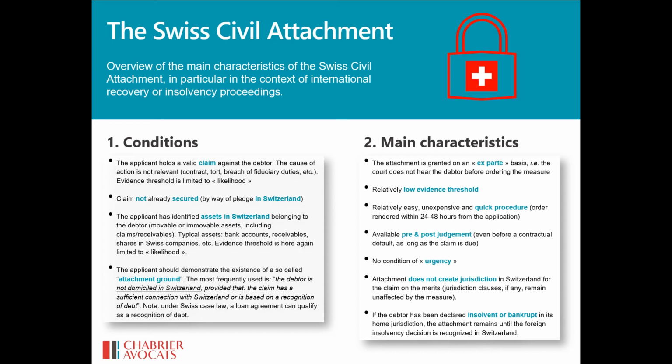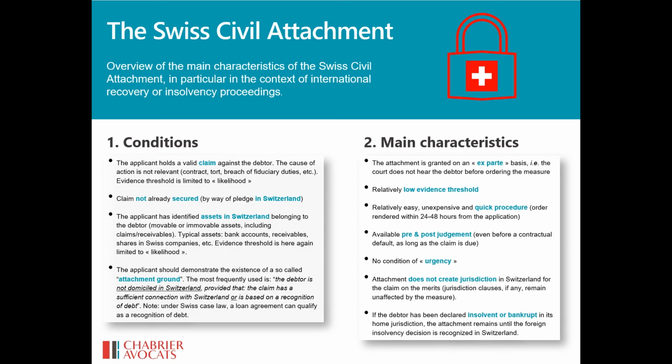We often see on websites, typically of companies, that they do have banking relationships with a certain number of banks, and that is considered as sufficient evidence in order to obtain an attachment of the bank account in Switzerland. So if your debtor claims on its website that it banks with Bank X in Geneva, that is sufficient. Of course, you can use an invoice. That is also sufficient evidence.